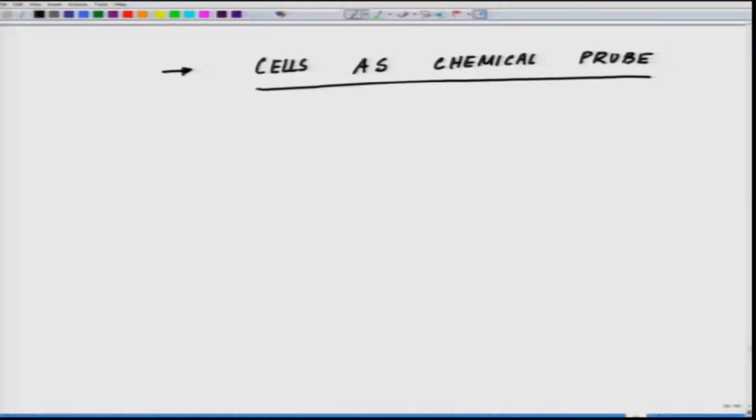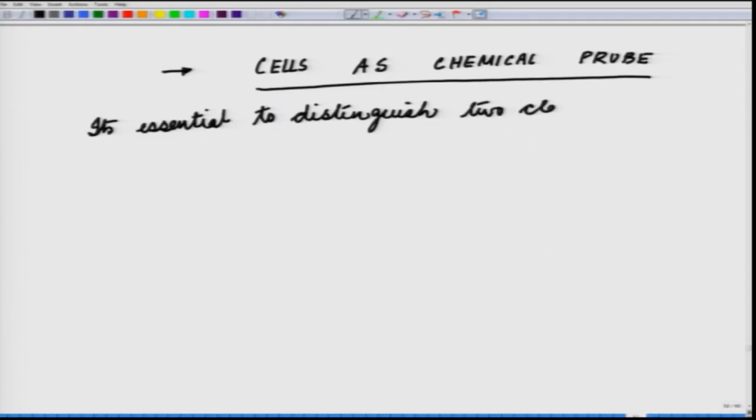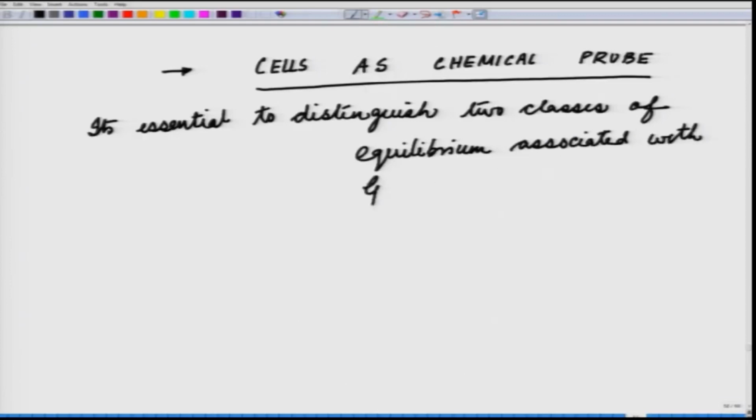So, let us enumerate what I am trying to highlight here. Point 1, it is essential to distinguish two classes of equilibria associated with galvanic cells.